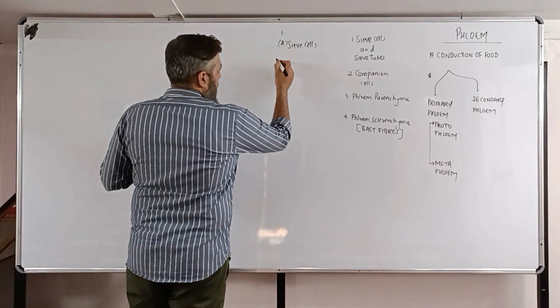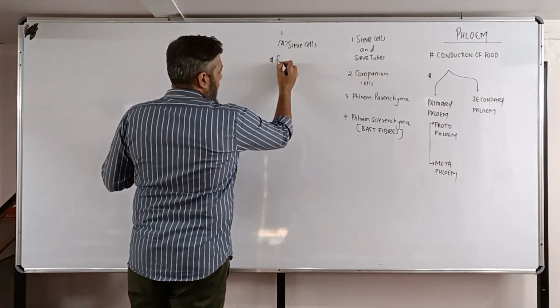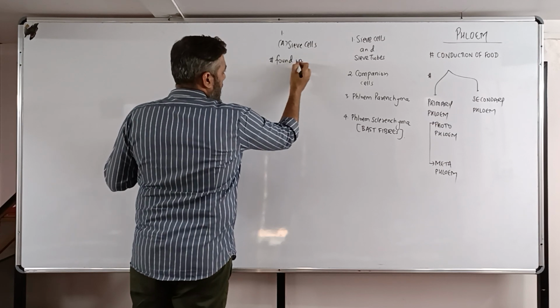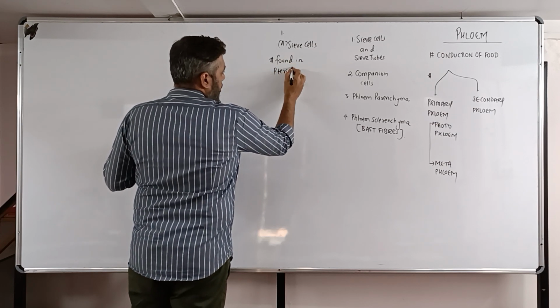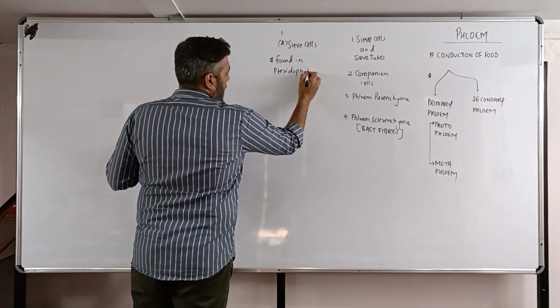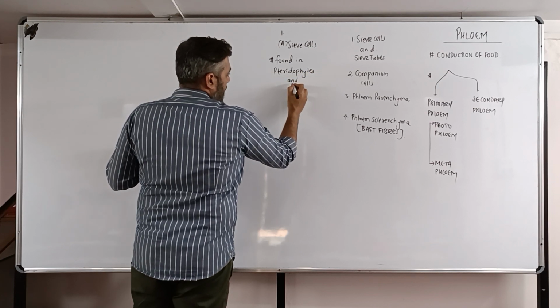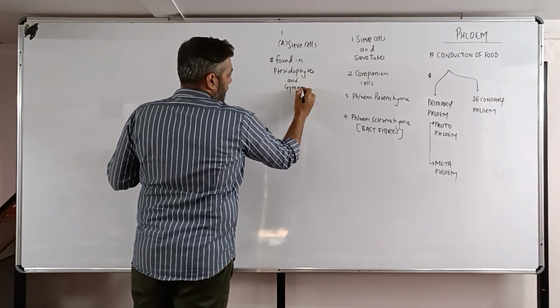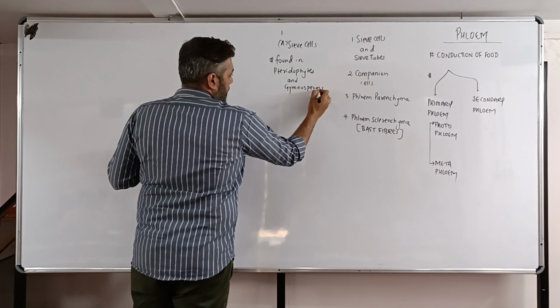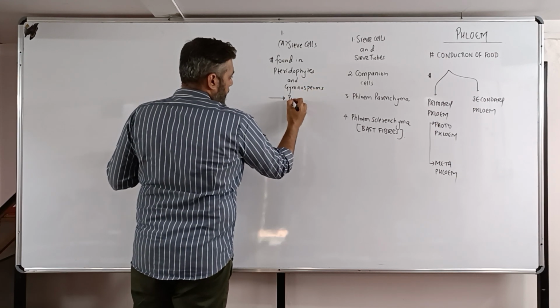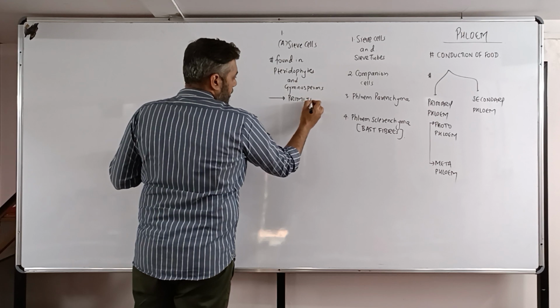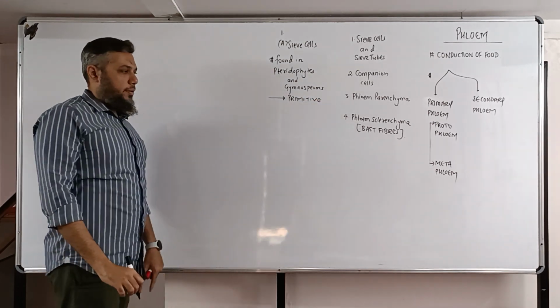Primitive. So the sieve cells are primarily found in your lower vascular plants, that is, the pteridophytes and the gymnosperms. So with respect to that, they are considered to be primitive.